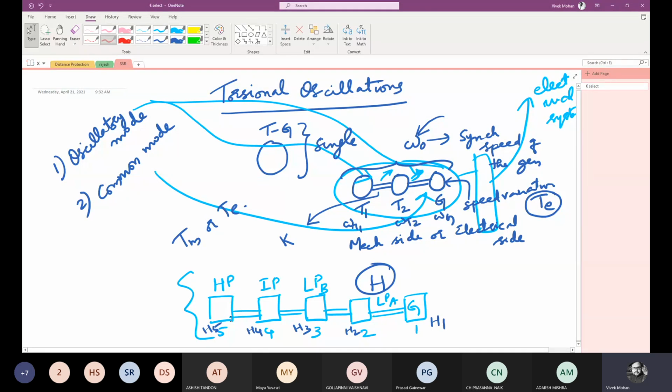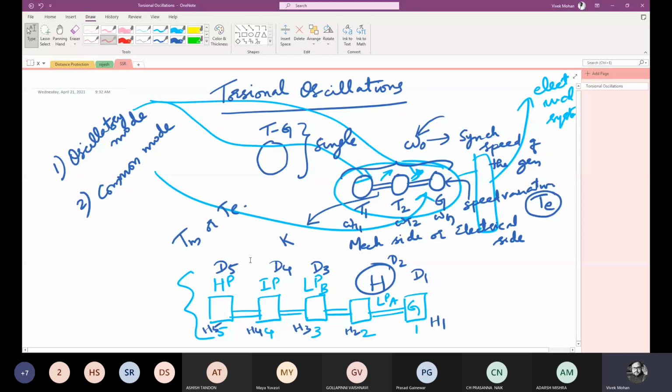Okay. Now it has different damping coefficients also. The damping coefficients are D1, D2, D3, D4 and D5. So when the blades are moving in the moving steam, there is some viscous damping. So that can be one reason for the damping.